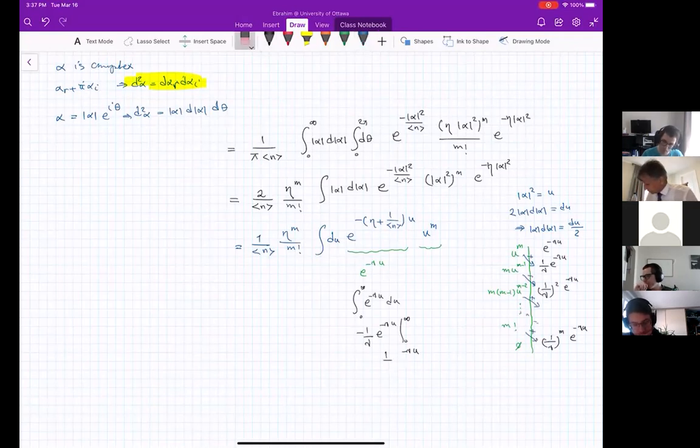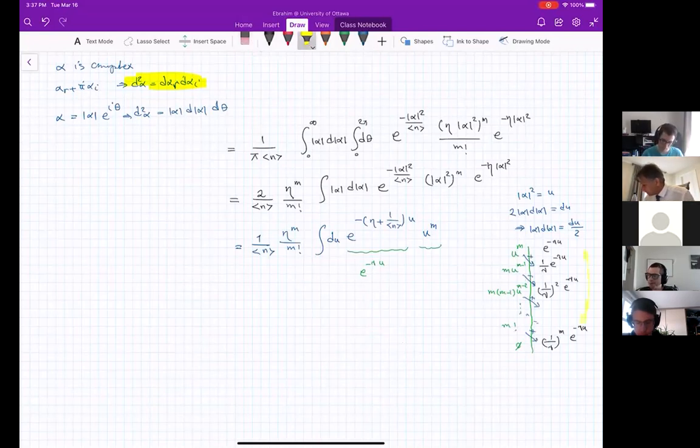Then as a result, if you multiply all of them together going from 0 to infinity, since you have u, which always will be 0 at 0, and you have e power of minus gamma u, which will always be 0 at infinity, all of those terms will cancel out each other.